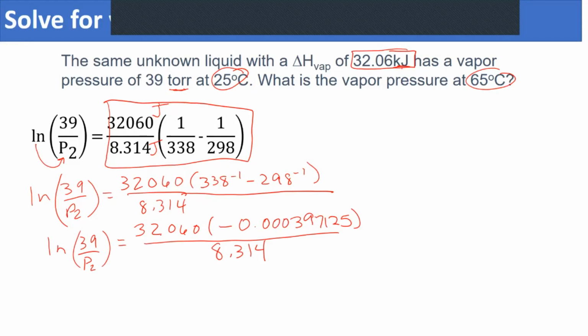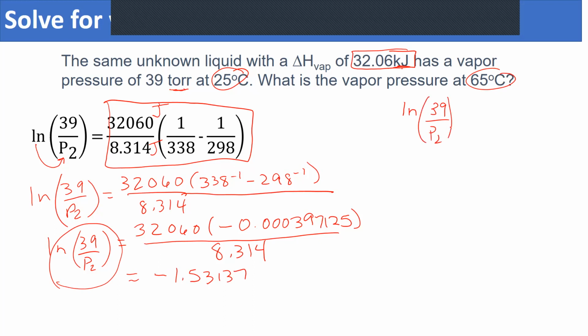When I multiply the 32,000 times the negative number over 8.314, I get negative 1.53137, and that's equal to this side of the equation. So I'm going to rewrite that over here so you can follow all the steps. The natural log of 39 over P2, inside parentheses, is equal to negative 1.53137. So make sure you don't lose your negative sign.